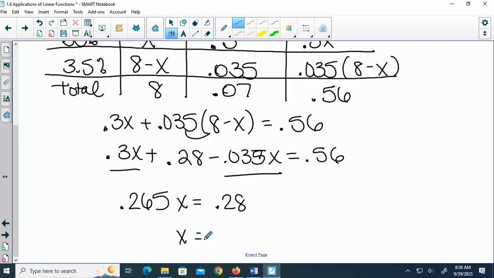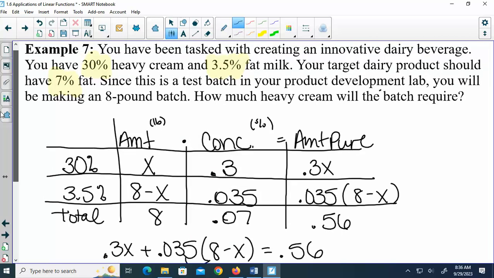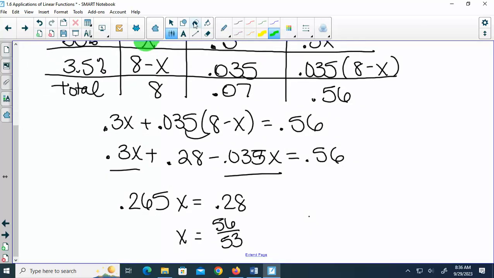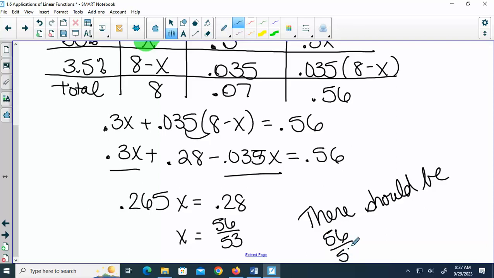No. So you get like 1.0566 and it just keeps going on. Let's just put it in a fraction so we can give an exact answer. 56 over 53. So the question was, how much of the heavy cream was my 30% and that was my x. So this does answer my question. There should be 56/53 or the 1 point whatever pounds of heavy cream.